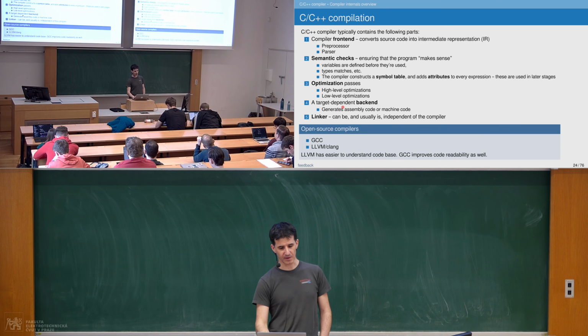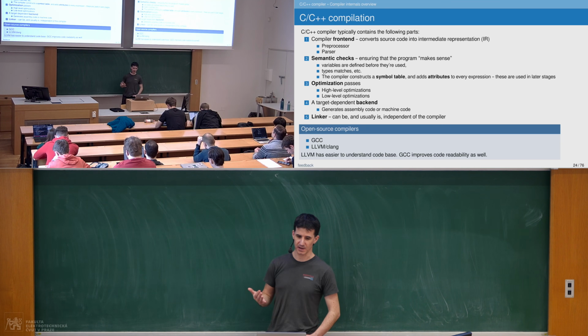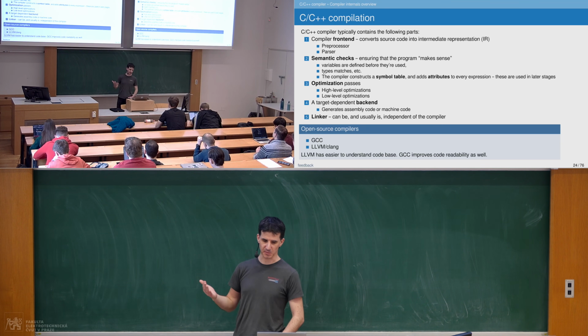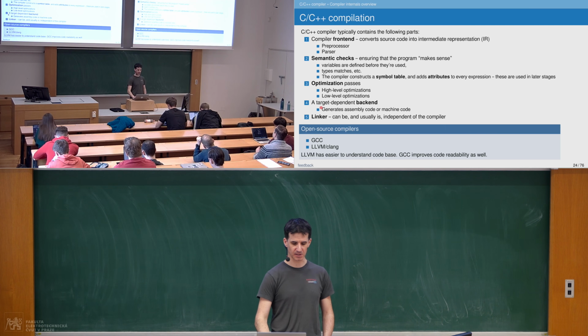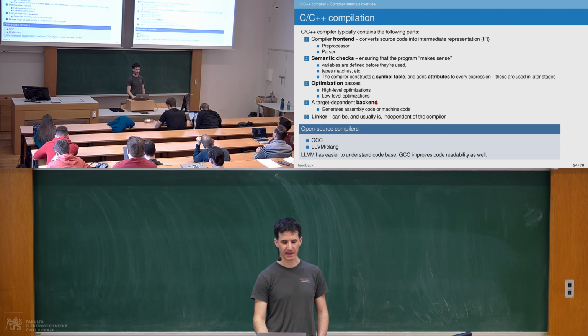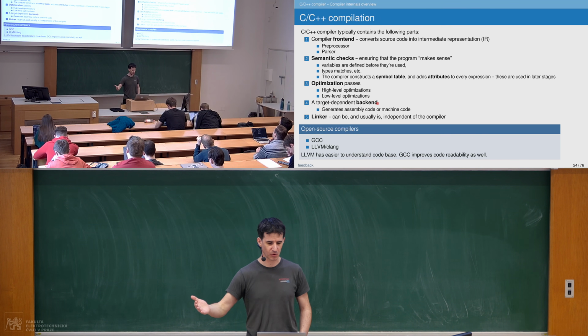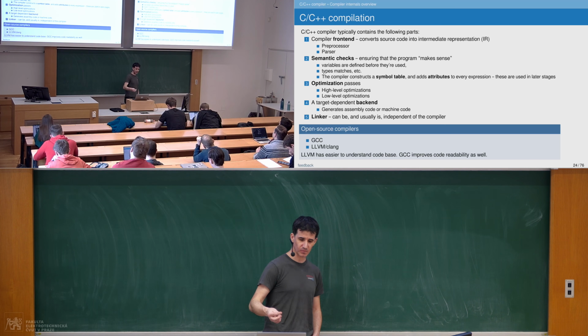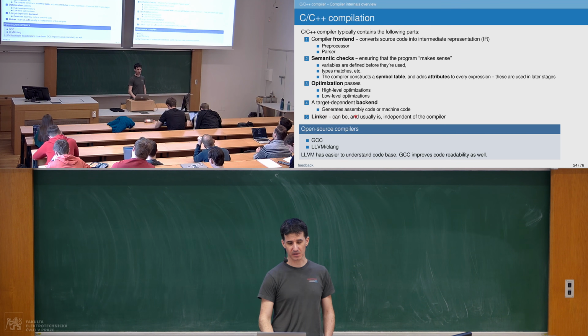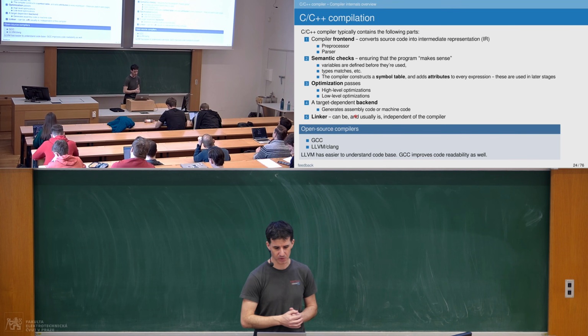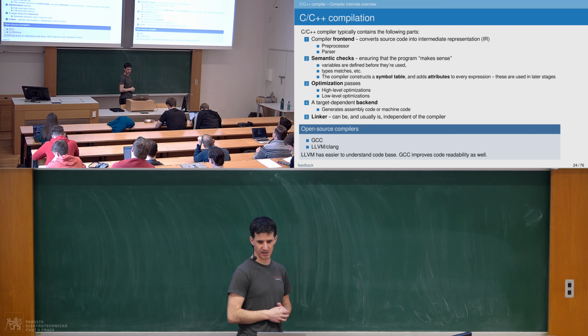Then after the code is optimized using the so-called intermediate representation, that intermediate representation is translated by a backend to the target computer architecture. And finally, there is a linker which links different compilation units into a single executable.